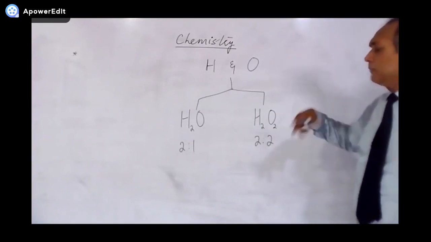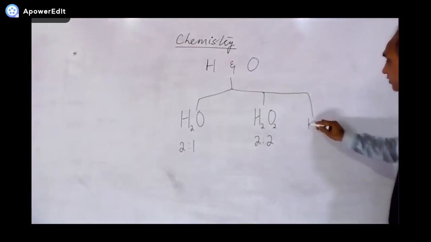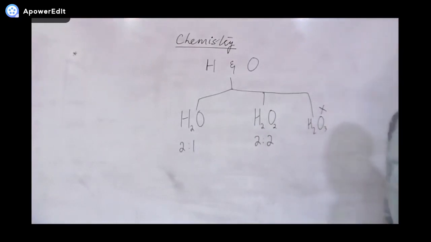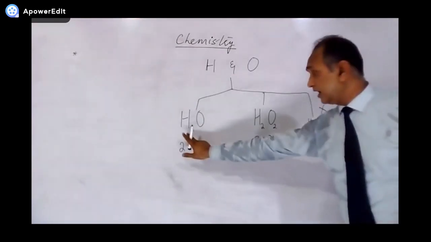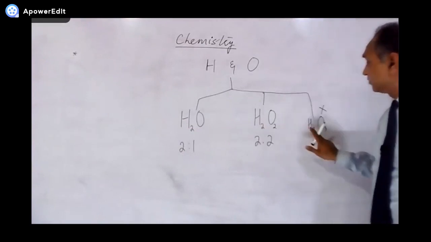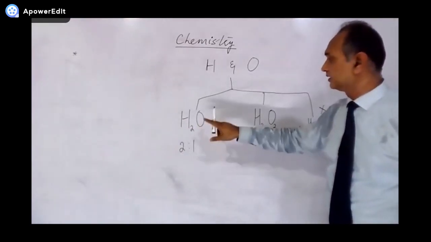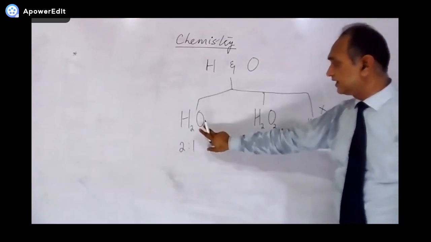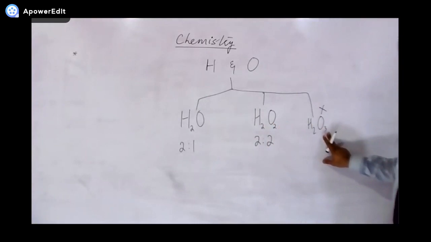I'm supposing if there is another one, then it could be H2O3. So hydrogen's contribution remains constant, whereas the mass, the quantity of the other element changes in a whole number ratio.